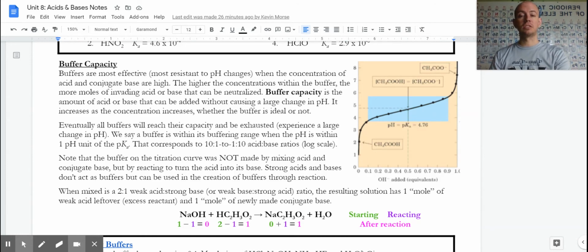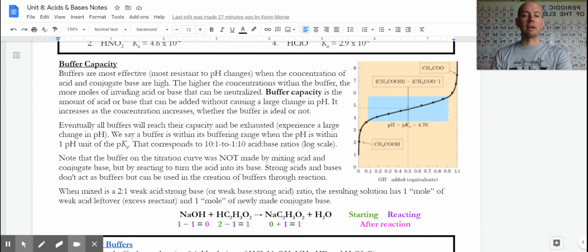Before the reaction starts, we don't have any products yet and we only have reactant. We want this reaction to occur in such a way that we're between those two extremes. We don't only have reactants and we don't only have products. We have some reactants and we have some products. And that's when we're at the half equivalence point in terms of a titration, or in terms of just making a buffer, thinking about the stoichiometry and the mole ratio in the right way.